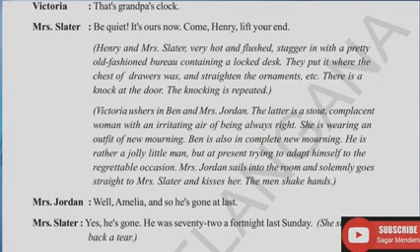Victoria ushers in Ben and Mrs. Jordan, the latter a short, complacent woman with an irritating air of being always right. She is wearing an outfit of new mourning. Ben is also in complete new mourning. He is rather a jolly little man, but at present trying to adapt himself to the regrettable occasion. Mrs. Jordan sails into the room and solemnly goes straight to Mrs. Slater and kisses her. The men shake hands.